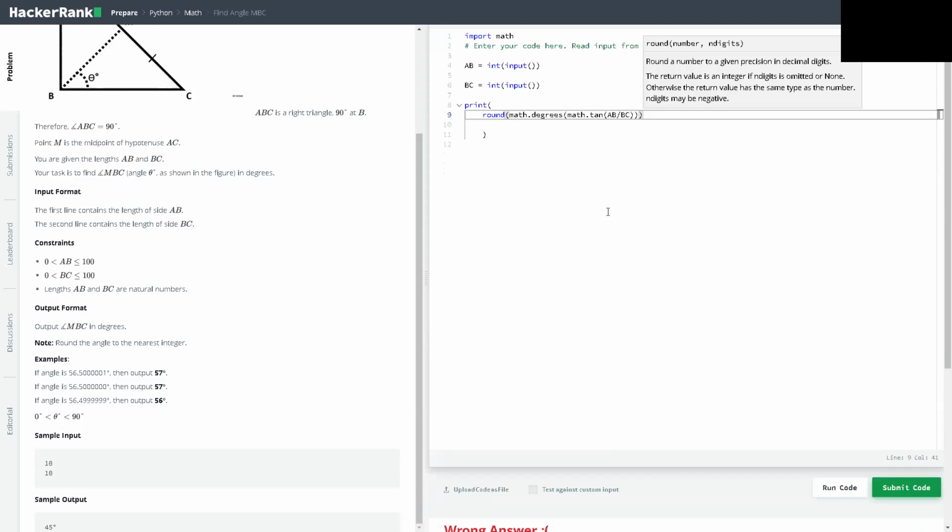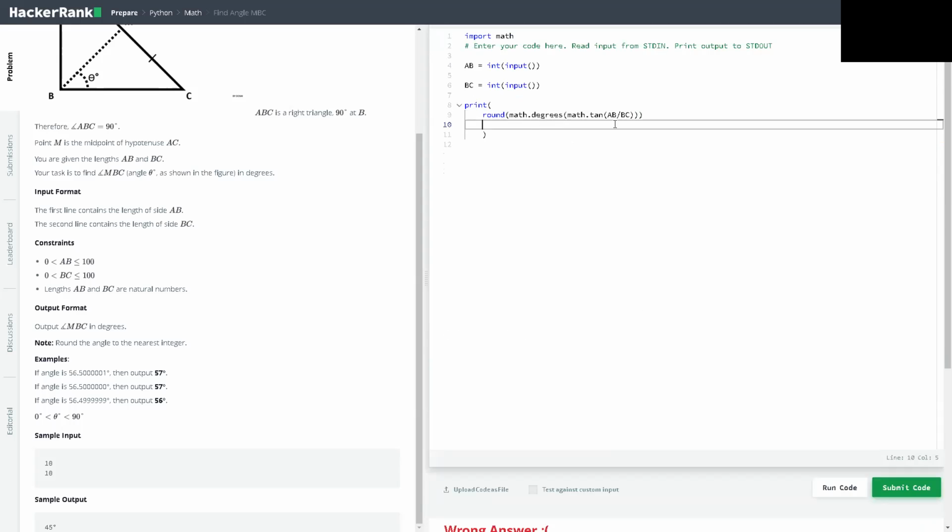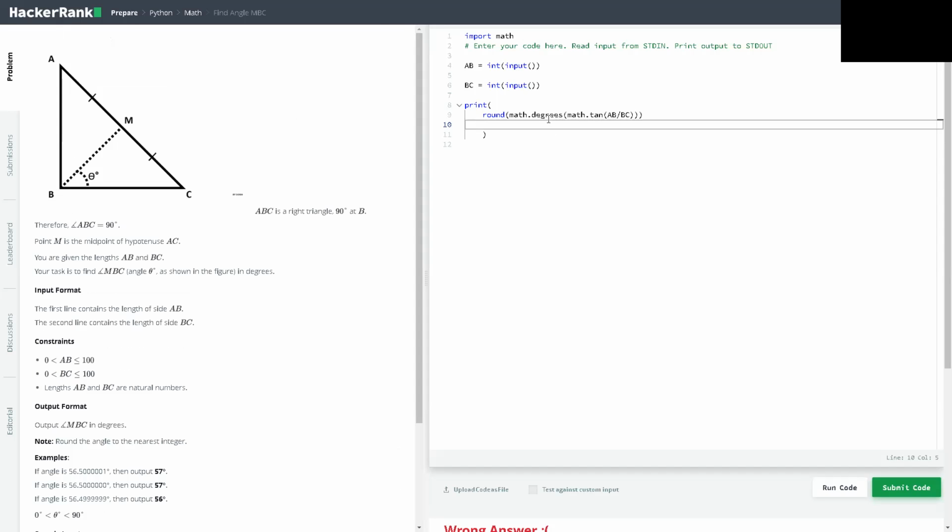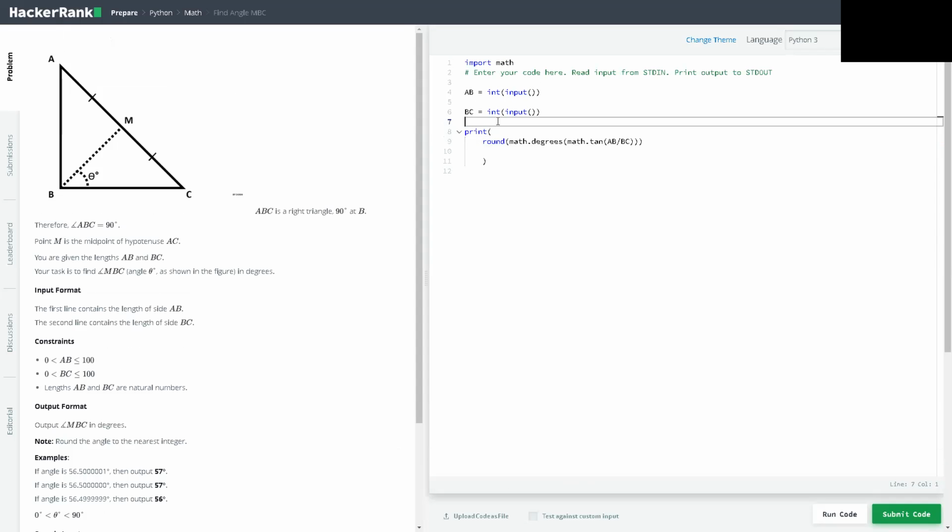Okay, so after rounding up, we can use some kind of symbol right here and then print the appropriate value there. Let's try to make the output more realistic. So we're going to use a degree symbol.